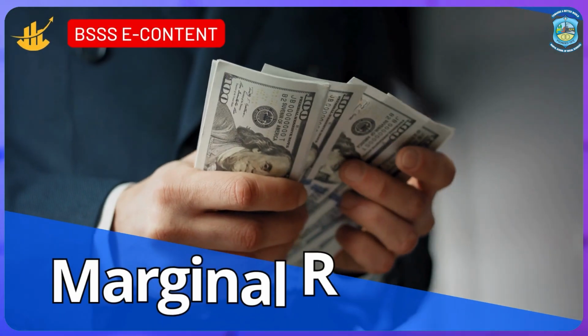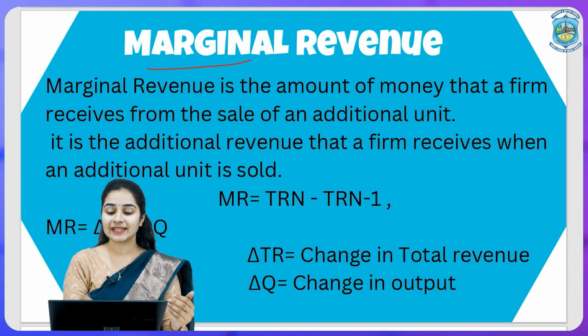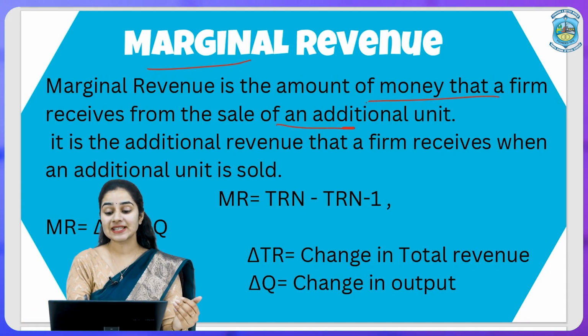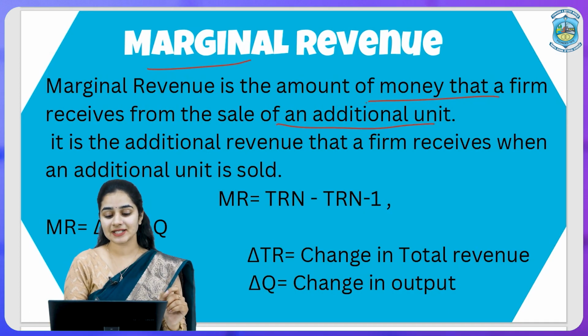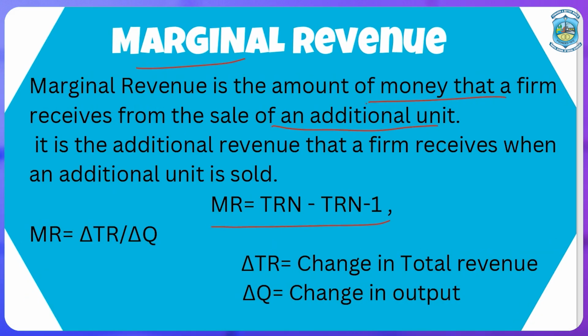Now marginal revenue. Marginal revenue basically means the amount of money received by a firm through the sale of an additional unit, and it can be calculated as TRn minus TRn-1, where n means the number of units sold and n-1 means the preceding unit sold.